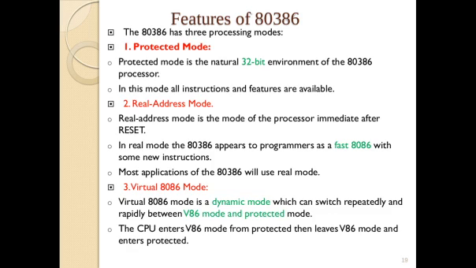In real mode, protection is not supported, so real mode is not used for execution of applications, whereas in protected mode applications are executed as it supports the protection mechanism, and there will be no interference of one process into another, and data will be secure. So these are some features of 80386 and its working mechanism.